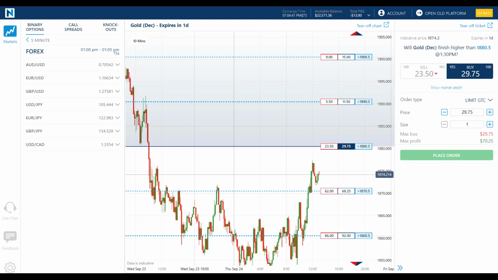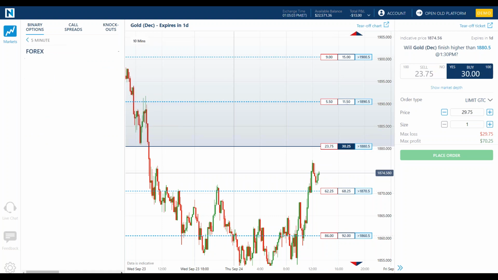And this will be true of all of our binary options. Even though gold right now is ticking very slowly, as this gets close to expiration with only minutes to go, you will see the prices of these change pretty dramatically because it either goes to 0 or 100. That is it. 0 or 100. It's an all or nothing game.